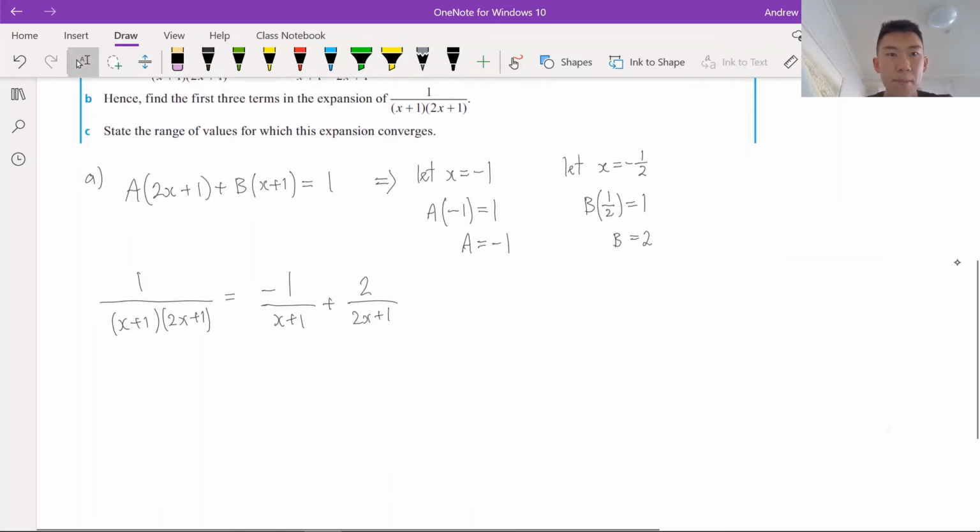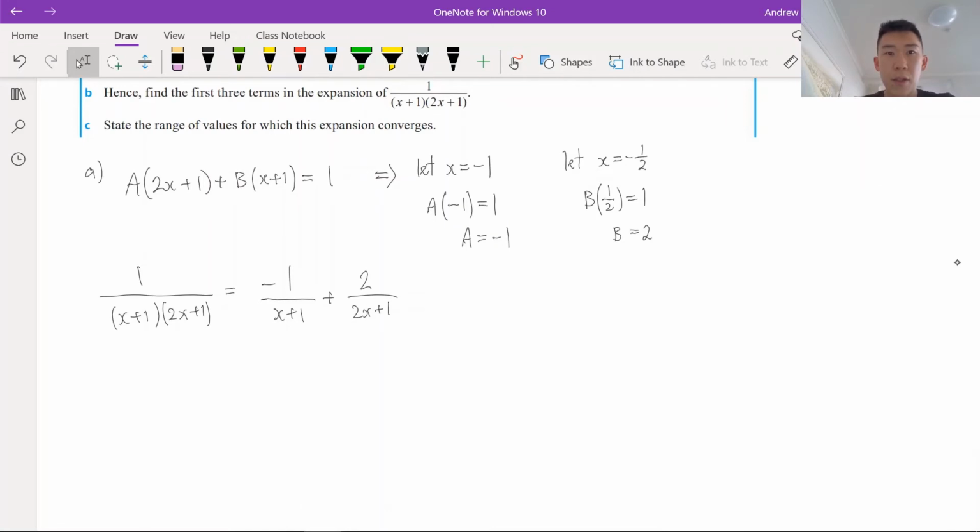Now let's do B. Hence, find the first three terms in the expansion of our fraction. This is where we have to use the binomial expansion with rational powers, from exercise 2 AHL.